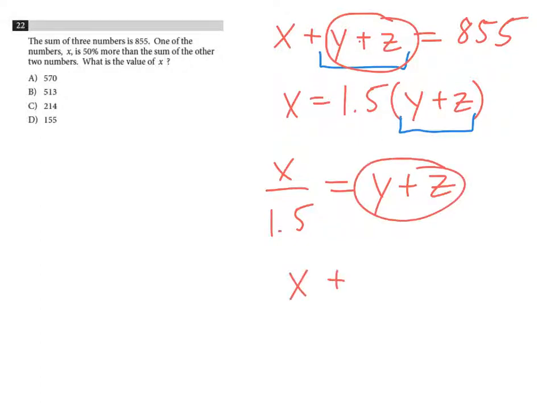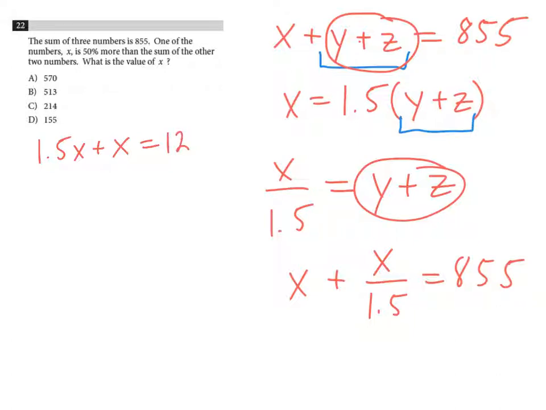So I've got x plus x over 1.5 equals 855. Now if I just multiply everything by 1.5, I'll eliminate my denominator. 1.5x, well, that'd be plus x, canceled the denominator, and then go to my calculator here. 855 times 1.5 equals 1282.5.